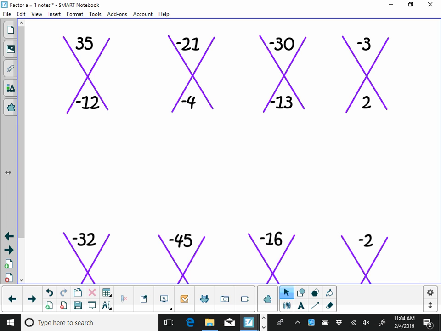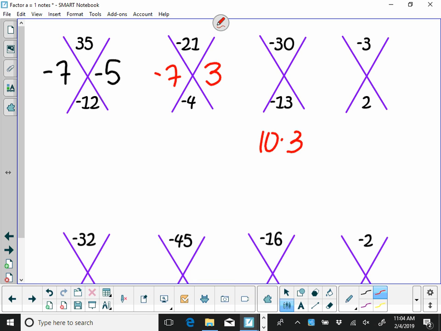Okay, 35 and negative 12, what do you think? Negative 7 and negative 5. Again, order doesn't matter as long as you have them both with the same sign on them. Okay? Negative 21 and negative 30.